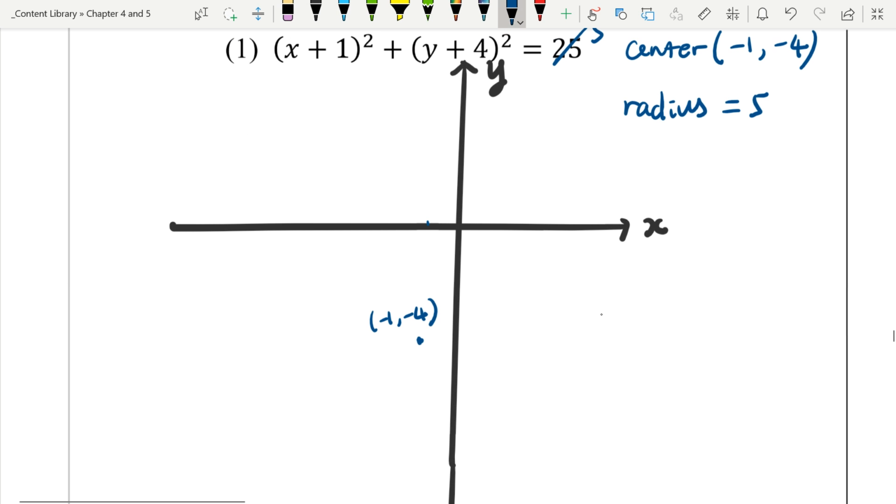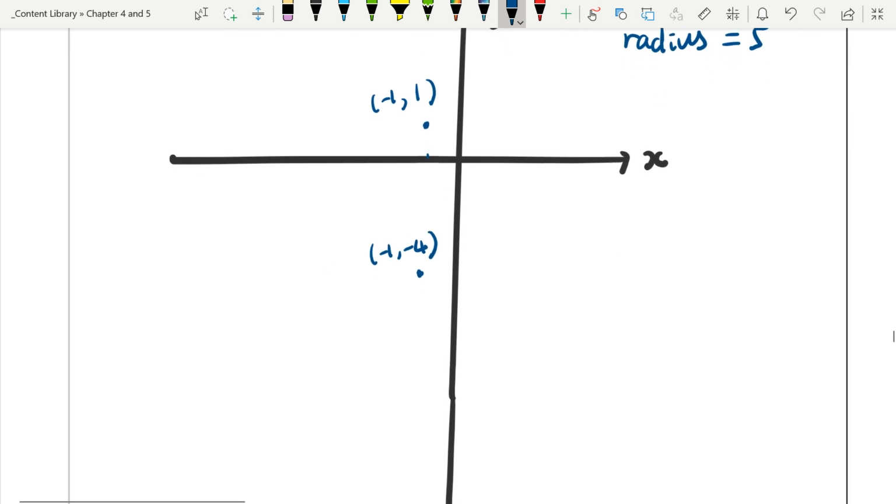So we will go from the center vertically up and down for 5 units and left and right for 5 units. So we'll move up by 5 units, which I will have the point here. So it's -1, 1. I will move down by 5 units, which is here. It's -1, -9. Because radius is from the center, you move 5 to each direction to form the circle.